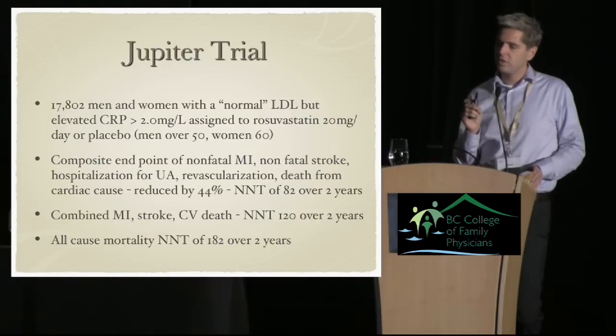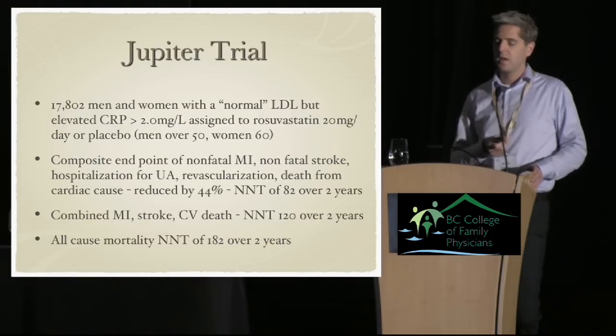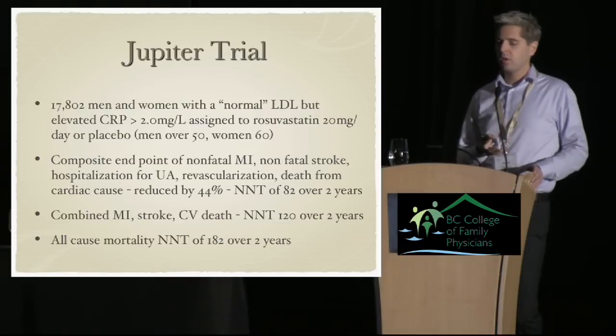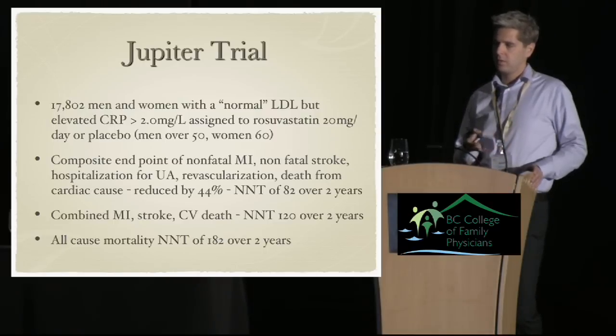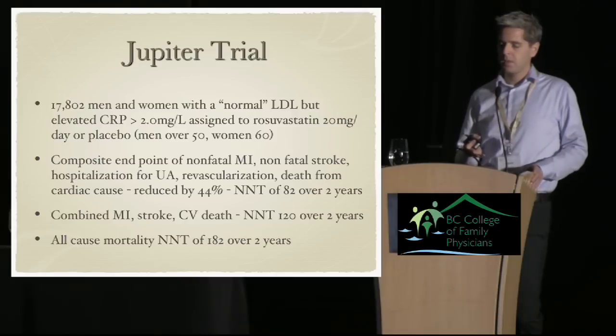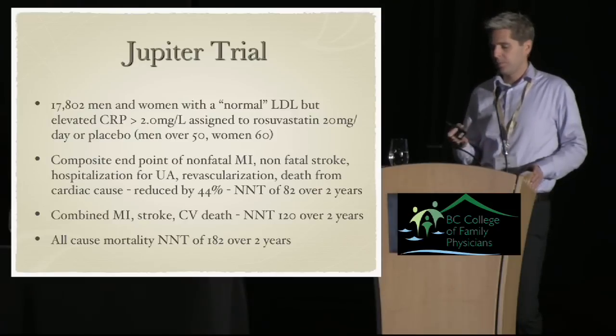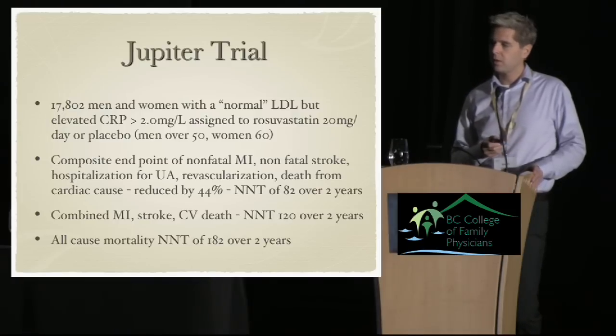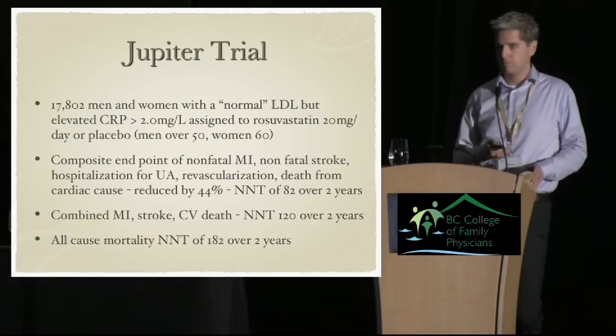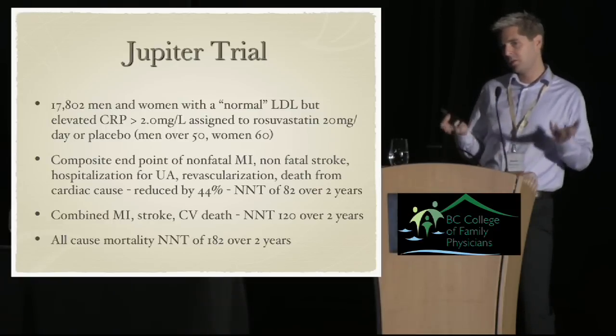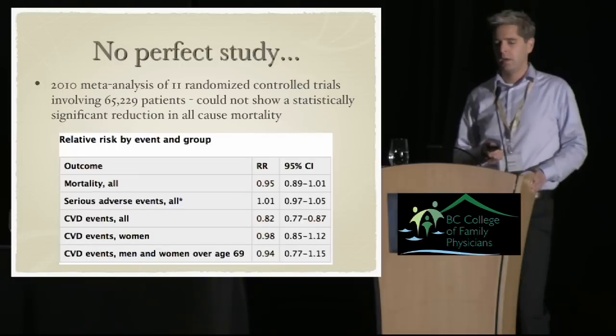The number needed to treat, though, 82. So pretty high numbers. When you actually look at all-cause mortality, yes, you could take these higher risk people and relatively older people compared to some people that we treat and reduce mortality, but you had to put 182 people on a statin to reduce that risk. Maybe that's appropriate, but we got to decide with our patients what number is good for them.